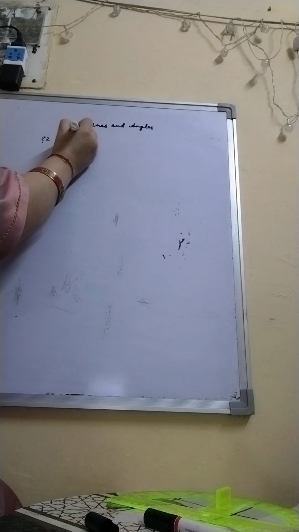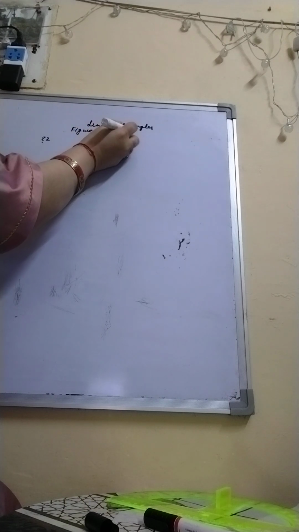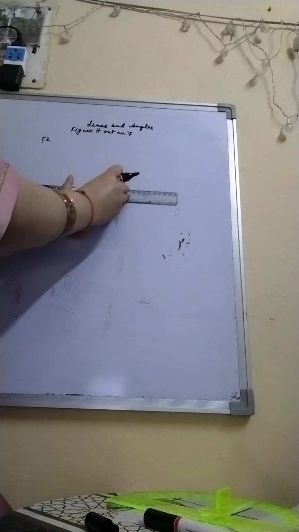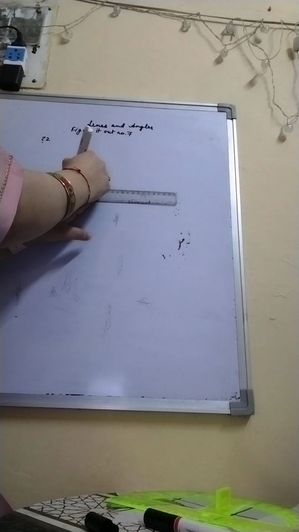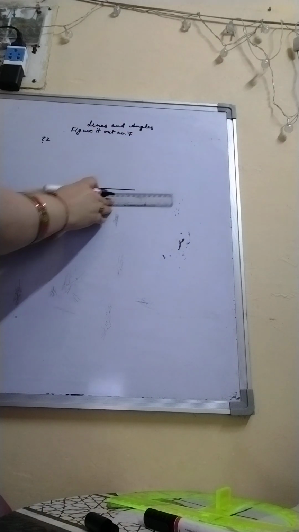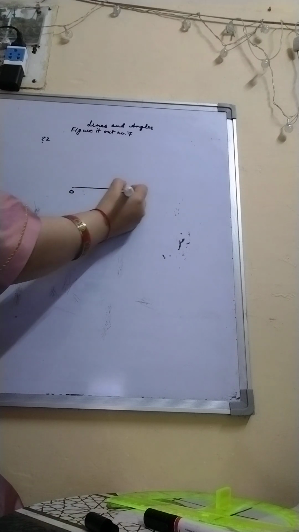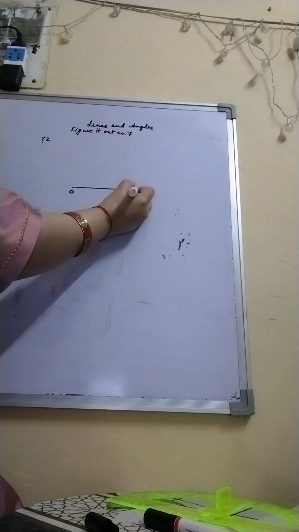First angle is 110 degree. So first of all, what you have to do is draw a ray with name OA.